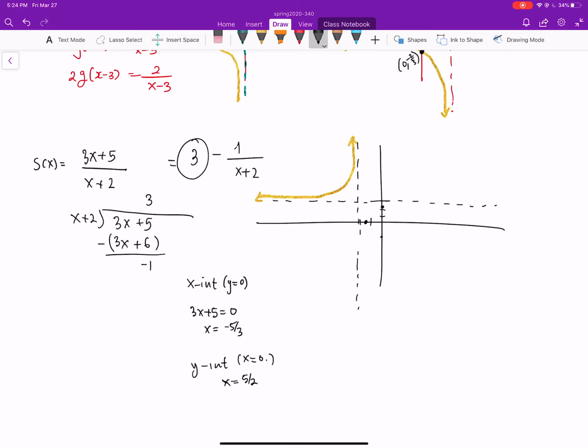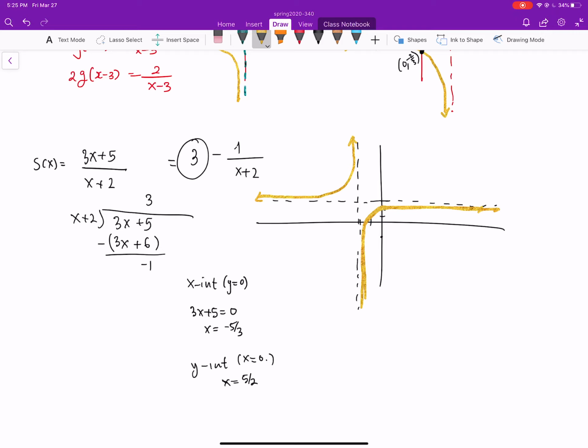Okay. So when I sketch this, this is what I expect things to look like. It goes this way, that way, and this way. So just trying to be a little bit accurate, it has to pass through those two interesting points. Okay, so that's what the graph is going to look like.